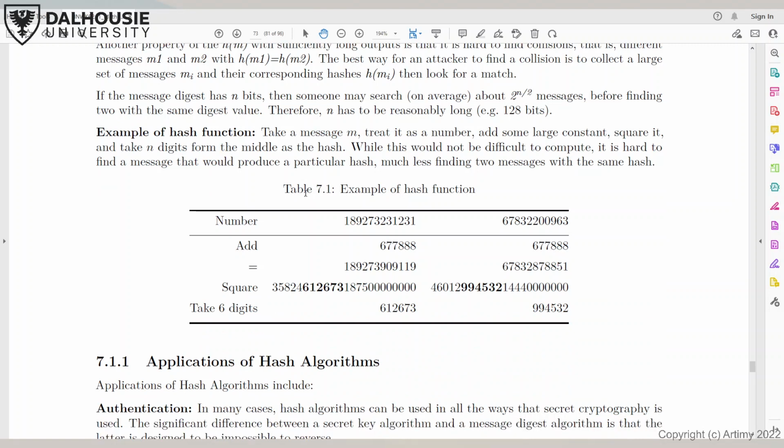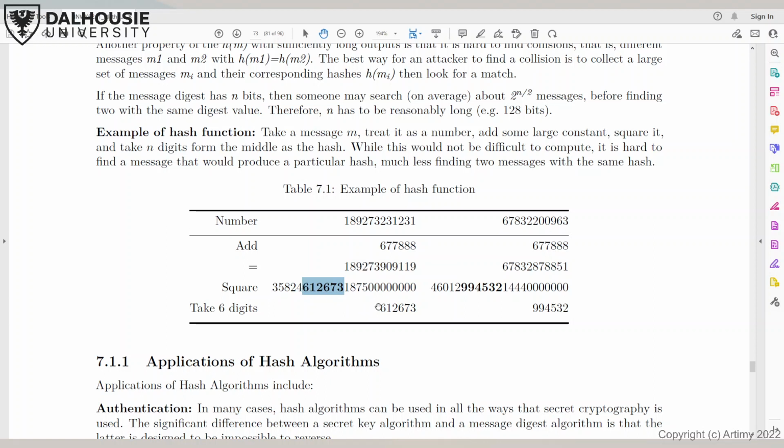So let's take a look at a simplistic hash function. In this table that you see here, we have two numbers, and the two numbers are different. Let's say this is our hash function: we add the same 677888 to both numbers, and then take the 6 digits starting from the 6th digit, the 7th, 8th, 9th, and so on.